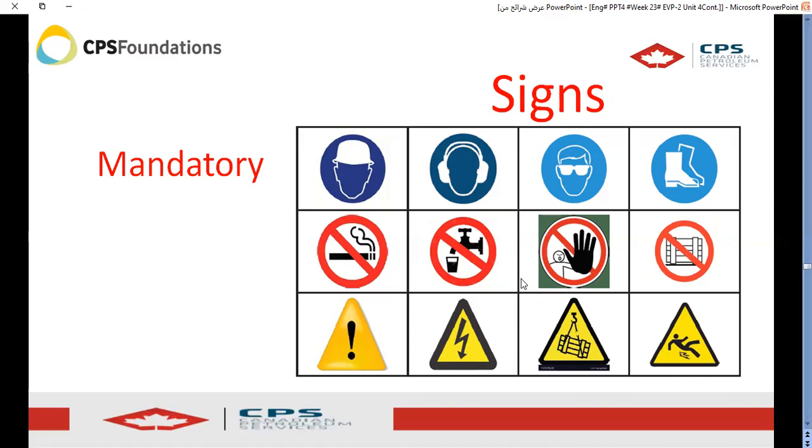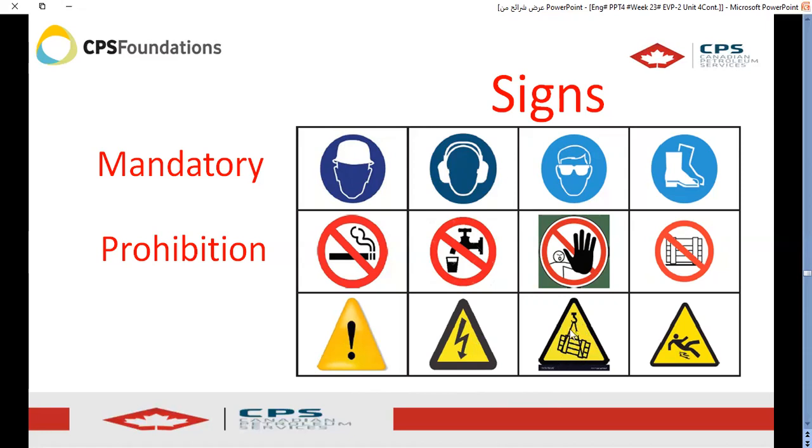Yeah, they are dangerous, but you are not allowed to. You are prohibited. That's why they are called prohibition signs. The third type of signs here, they are signs that tell you to take care, to be careful. All right. Maybe there is a fire, electrical hazard.